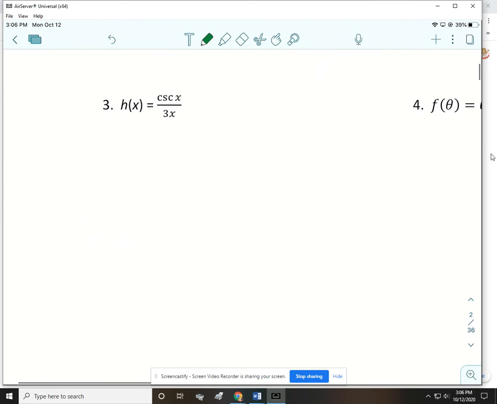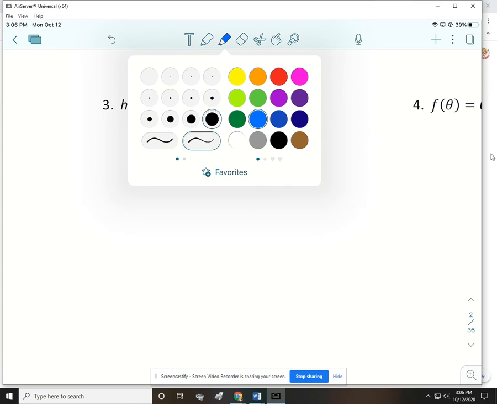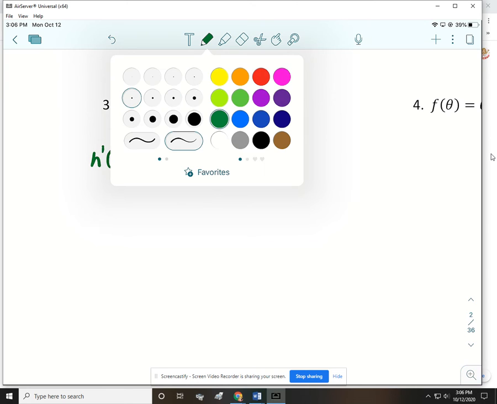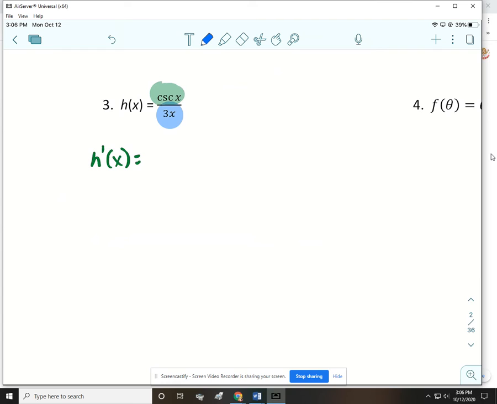All right, so for 3, we're going to use the quotient rule to do that. So I'm going to let 3x be blue, and I'll let cosecant of x be green. We want to find h prime of x. We're going to use the quotient rule because there's no way we can simplify that because they're not even the same type of function on the top and bottom. So we are going to do low and multiply by d high.